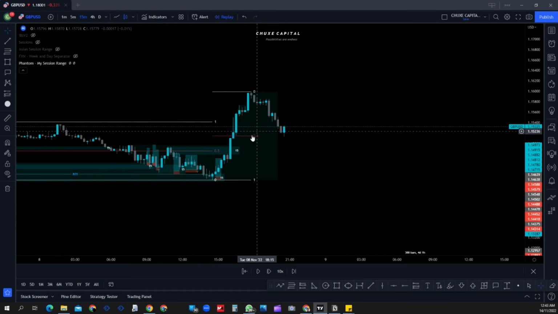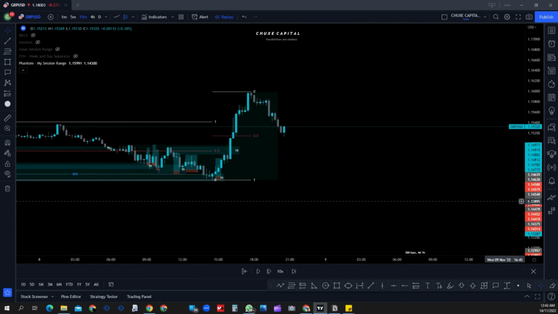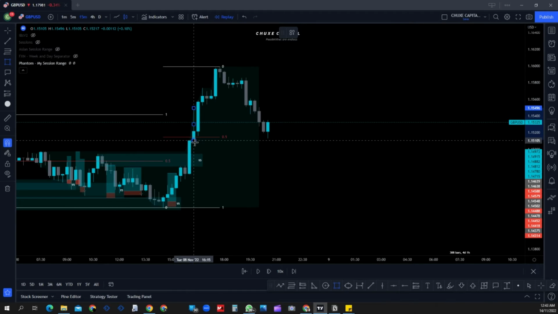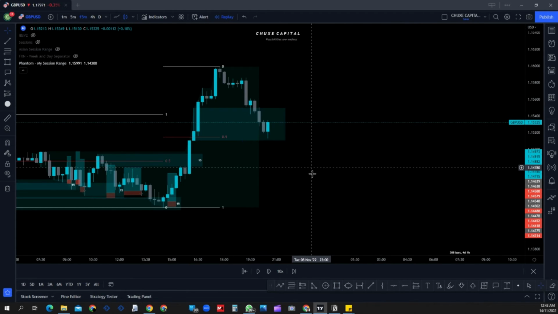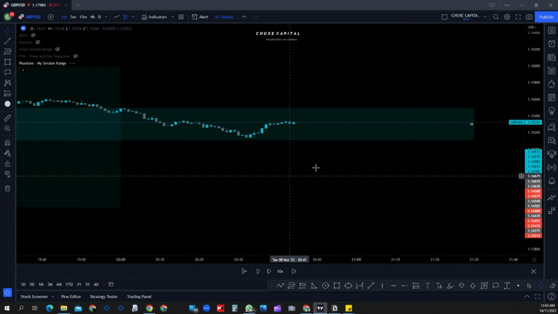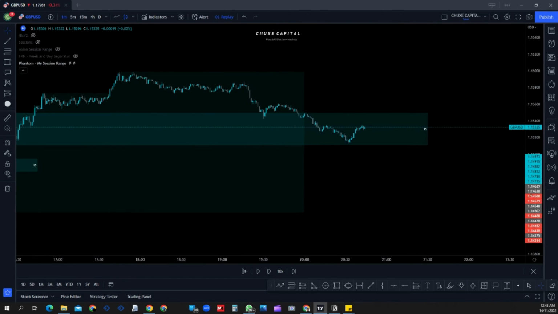So we're here right now. Price has come to this area. Let's see if we get anything to trade right there.